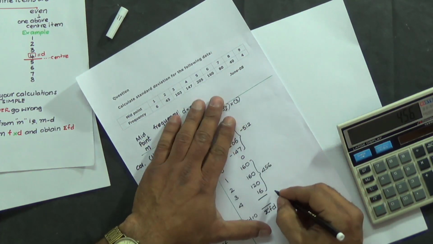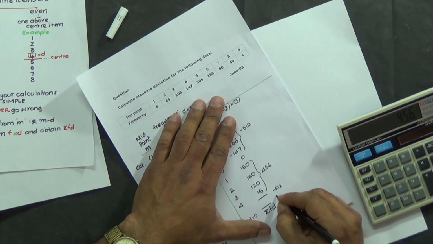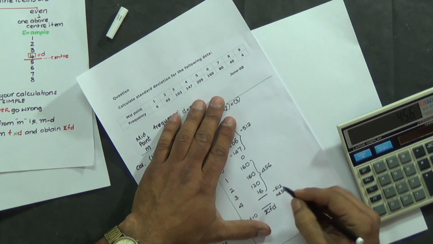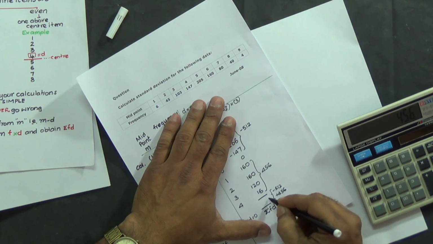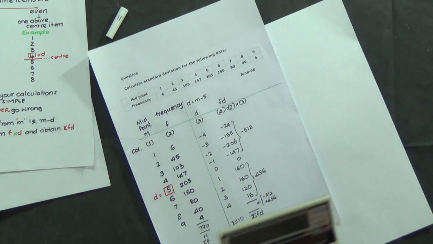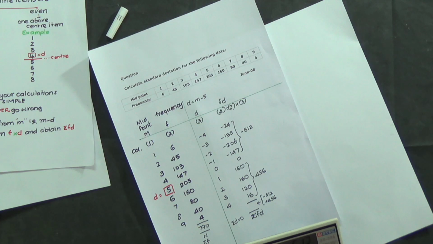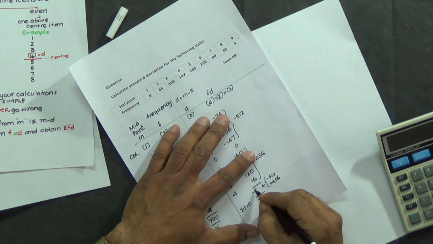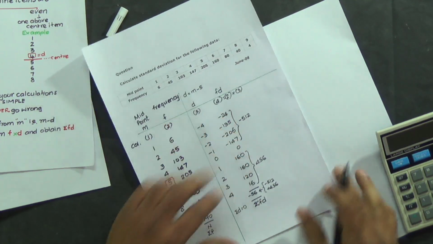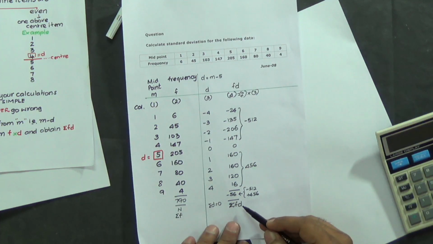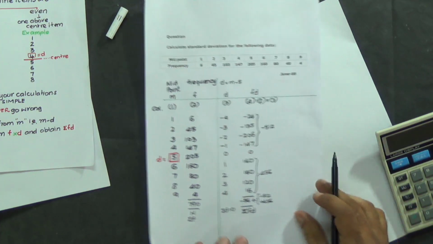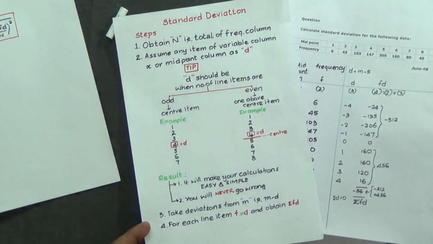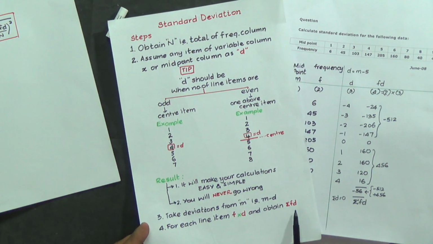If we add this up, minus 512 plus 456, the resultant figure will be 512 minus 456, which is 56, and because the minus sign is greater, we have minus 56. So sigma fd is minus 56. We have finished step 4, obtaining sigma fd. Then we move on to the next step.